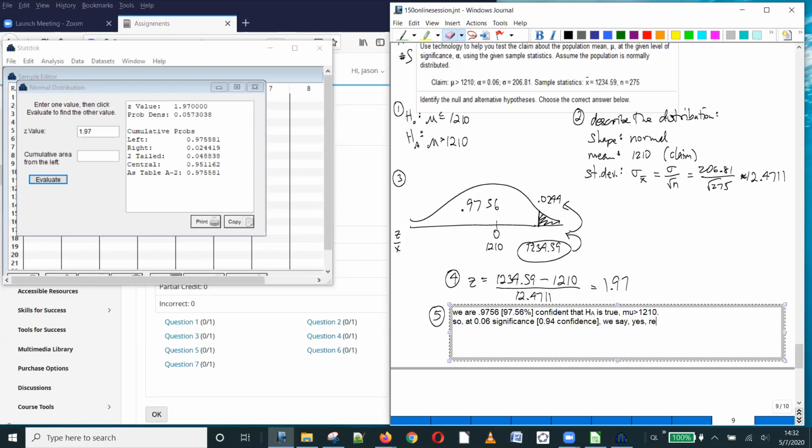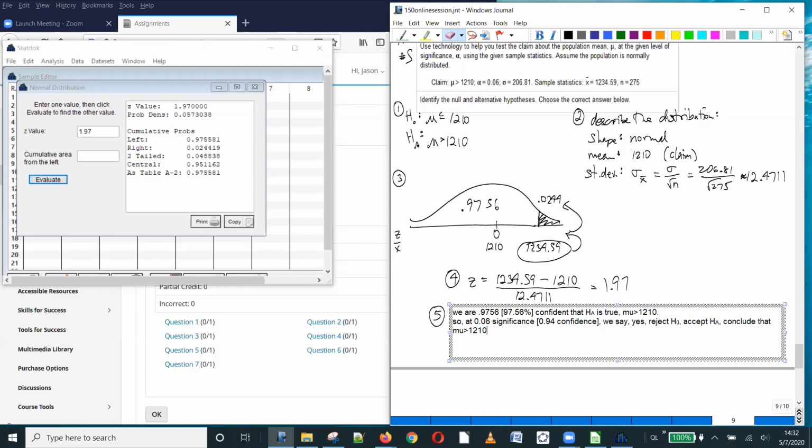We say yes, reject H0, accept HA, conclude that mu is greater than 1210.